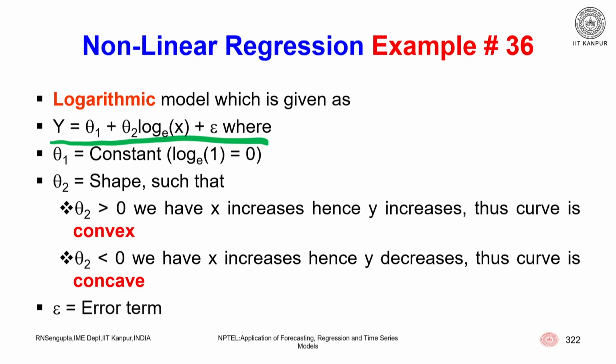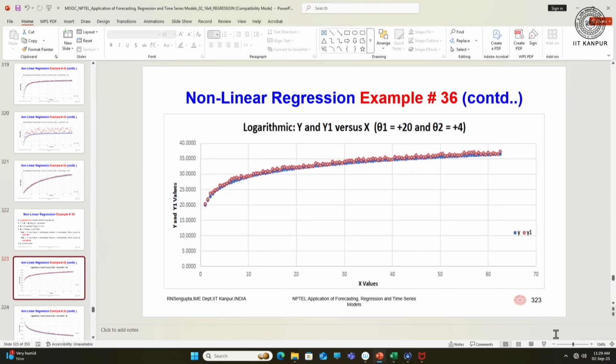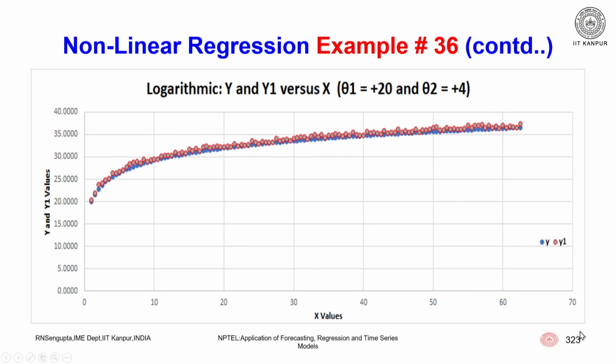So, with this, let us check both the graphs in the PPT file as well as in the Excel sheet. First, it is a logarithmic plot, or logarithmic nonlinear regression plot, of y, which is the best fit line, shown in blue. Y1 is the actual data, based on the fact that we have the error, and the error, as I mentioned, could be either uniform discrete or normal distribution with a mean value of 0, but the dispersion can be increased or decreased depending on what you think the error property is.